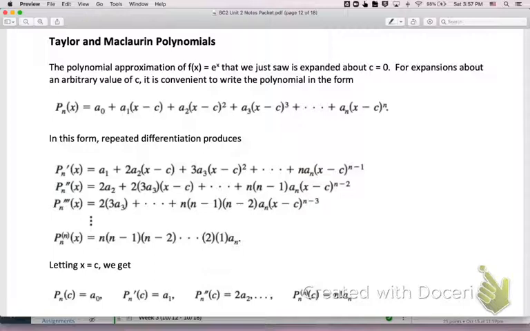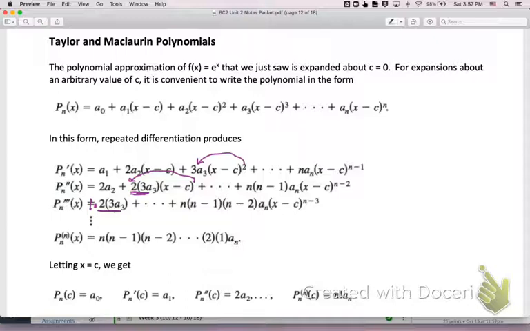Because of the way you take the derivative with polynomials, if we look at, say, the a3 term, the first time we take the derivative, we are going to do 2 times 3 times a3 times x minus c to the first. Then the next time, it's going to be 1 times 2 times 3 times a3, and so on. If you had something like the 6th power, you'd multiply by 6, then you'd have the 5th power, then you'd multiply 5 times 6, and you'd have the 4th power, 4 times 5 times 6, and then the 3rd power.